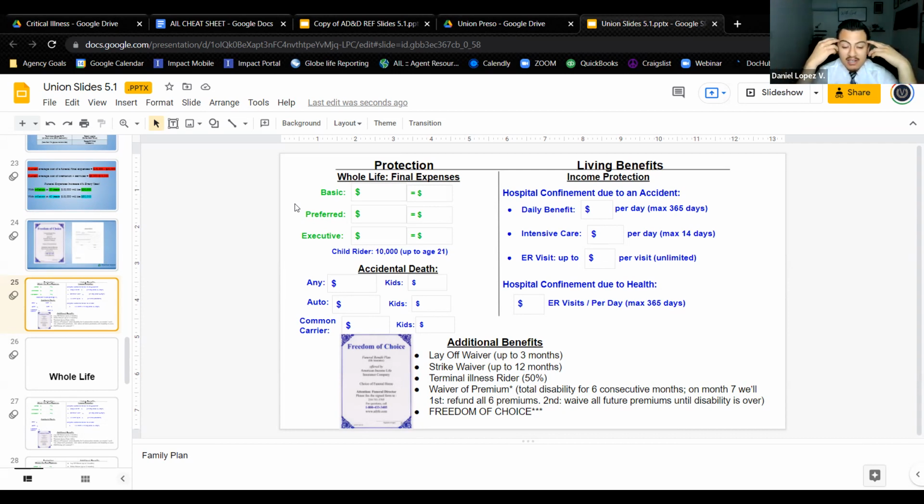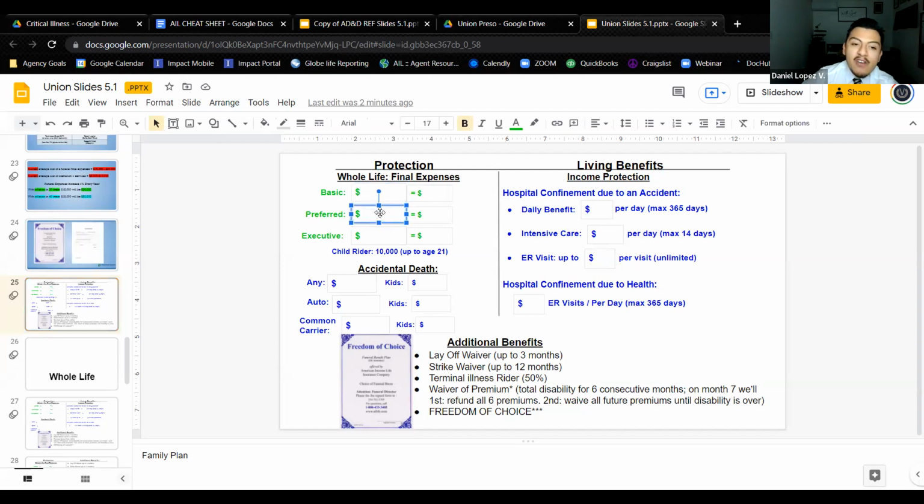But as a consumer, you see those labels of basic or an executive package, and that's how you identify them. So that's where we switch it, so the consumer can identify these packages as the basic one, the preferred one, the executive one. We can type in whatever we want in here.